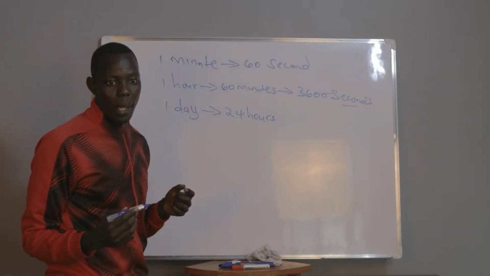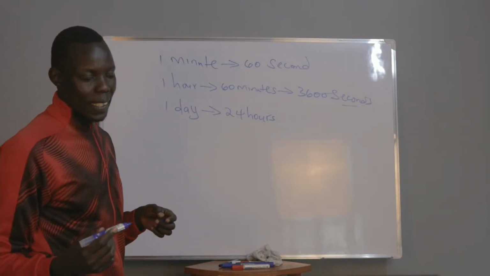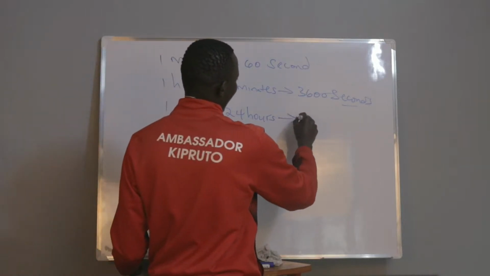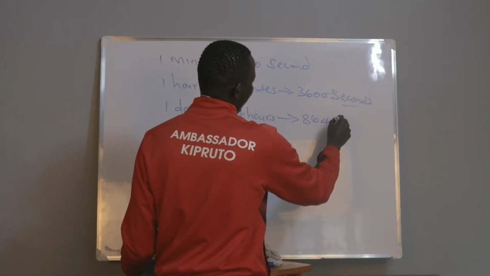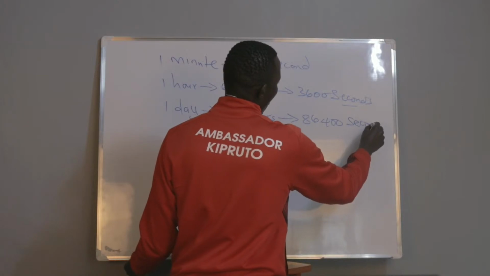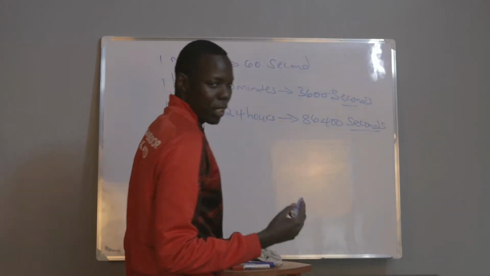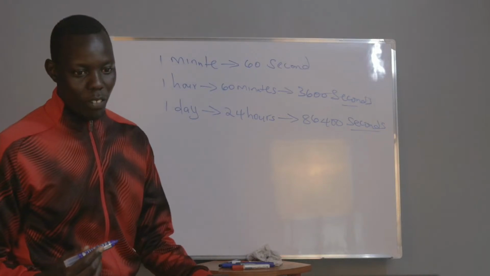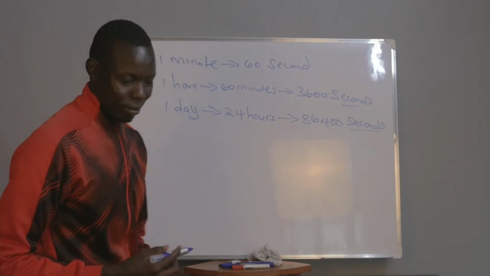One day is equal to 24 hours, which is 86,400 seconds.